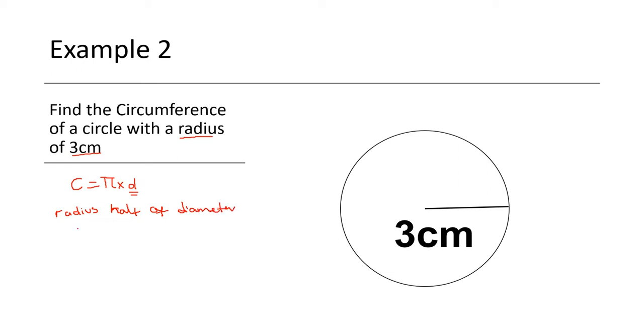So therefore, our diameter is going to be our radius times by 2, which in this instance is 3 times 2, which gives us an answer of 6. So then we have circumference is equal to pi times by 6, which will give us an answer of 18.849 and so on. And rounded to 1 decimal place, our circumference is equal to 18.8 centimeters.